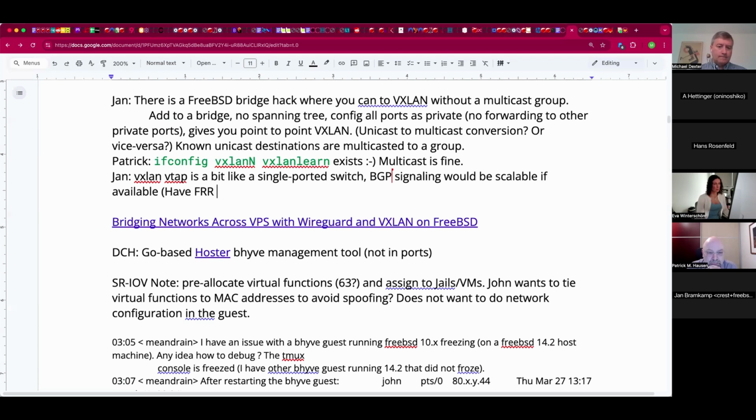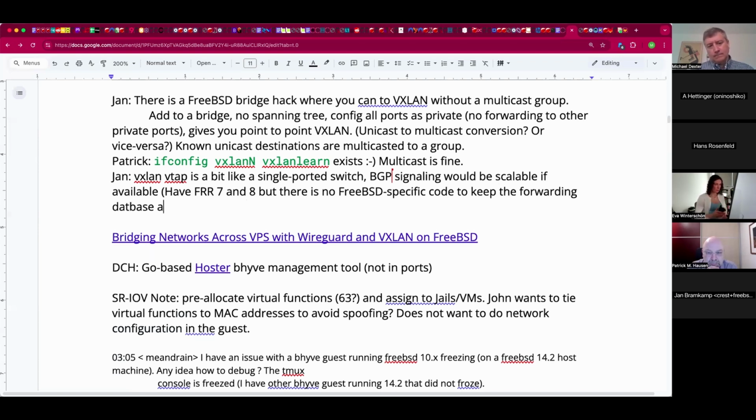But there's no FreeBSD-specific code to keep the forwarding database of the VXLAN interface and the bridge in sync. That's an annoying problem, because the bridge and the VXLAN then become kind of one entity to the BGP control plane, even if it's messy on Linux.